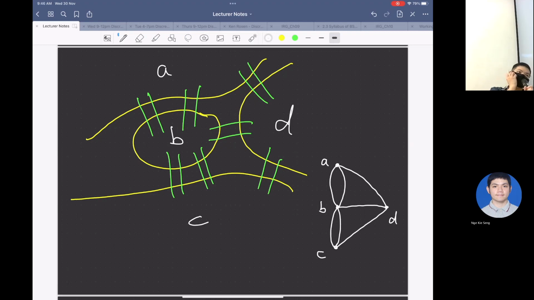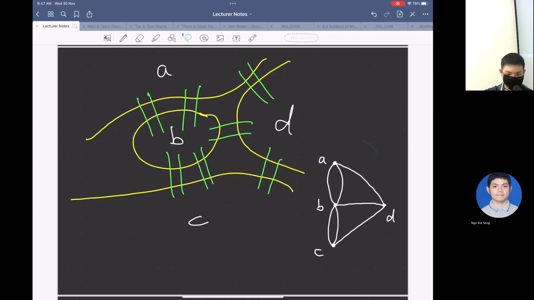So use the theorem. Is there an Euler circuit here? Any Euler circuit here? No. Why?